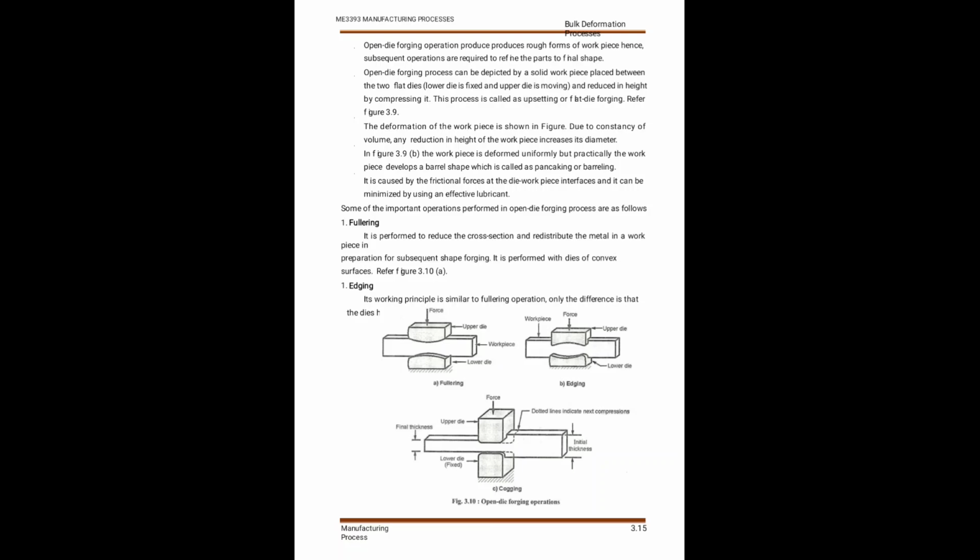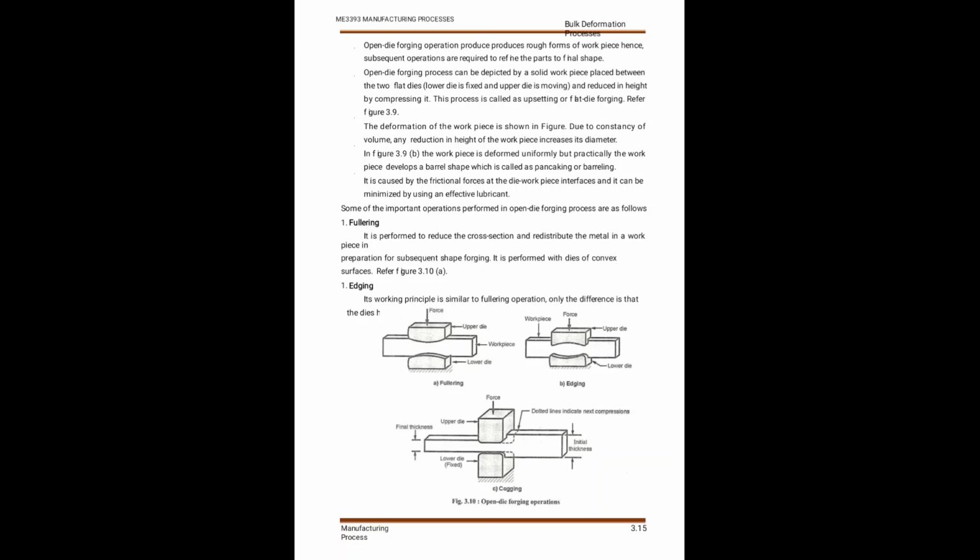Forging is performed with a die of concave surface. Edging is forming the metal from the fullering operation with a convex type die. And cogging, the metal is reduced in cross section like a slab.